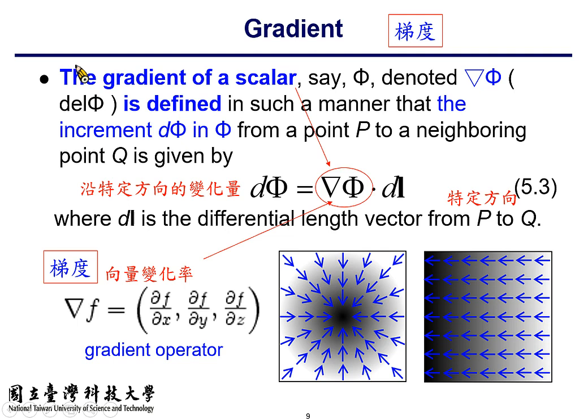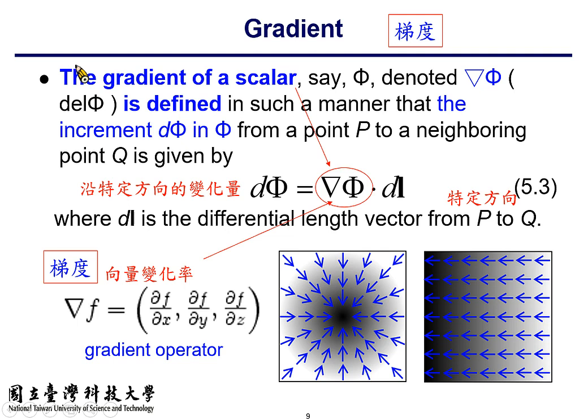It's a vector describing the direction of the path that we are interested in. We are interested in the dot product of the gradient of phi with a specific path dl. 在特定路径 dl 这个方向上面，它跟 gradient 的内积。那它内积的结果是什么？What is the result of this dot product?